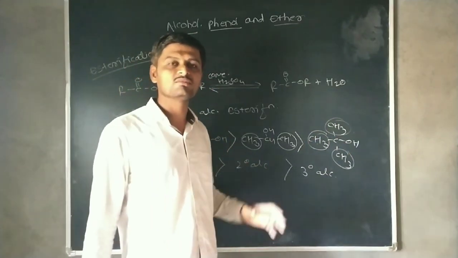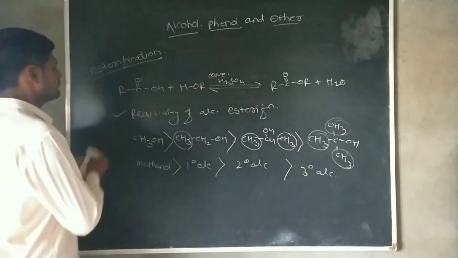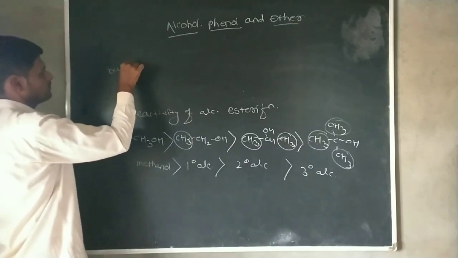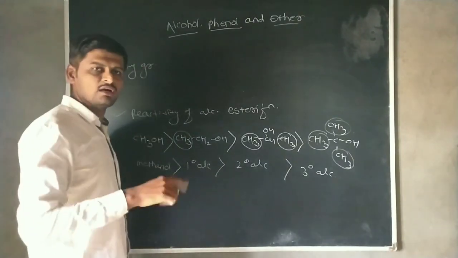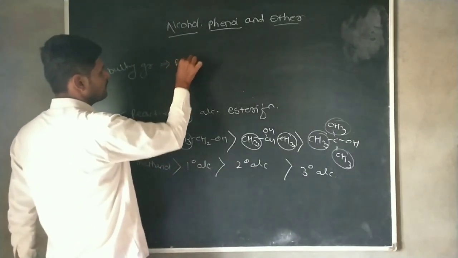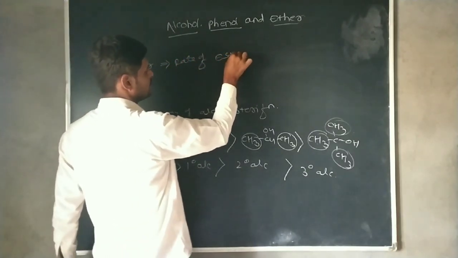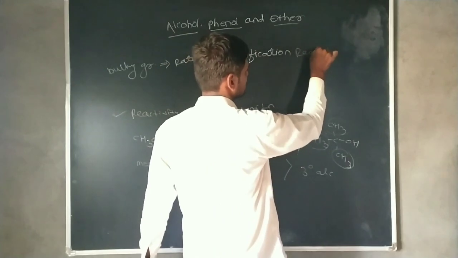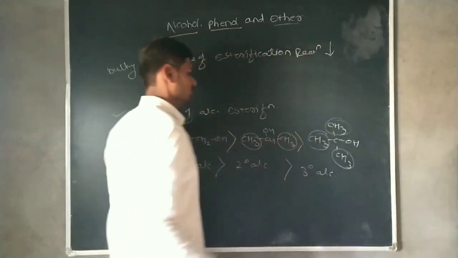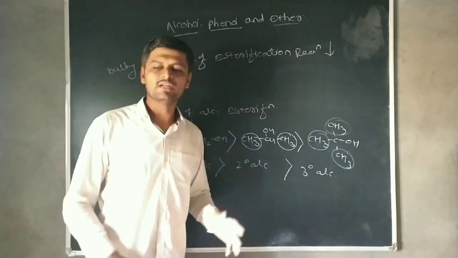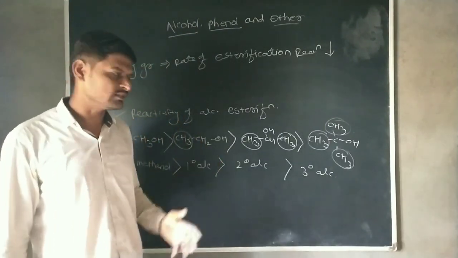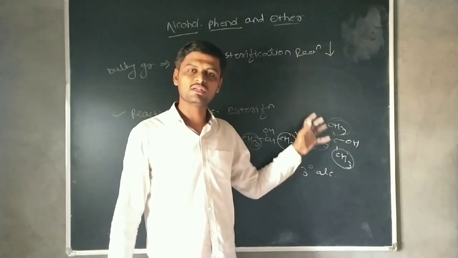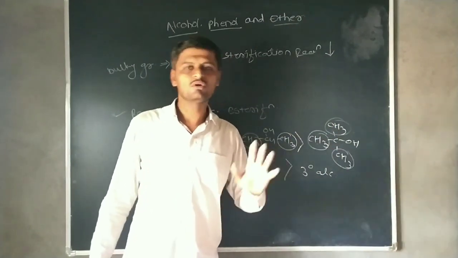Due to this bulky group present in an alcohol, the rate of esterification reaction goes on decreasing. Therefore, an alcohol containing bulky groups does not give a better yield of ester.